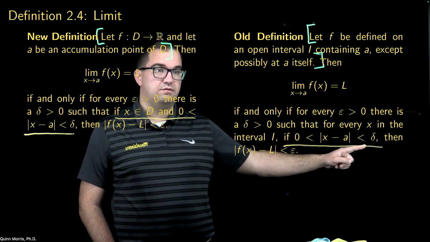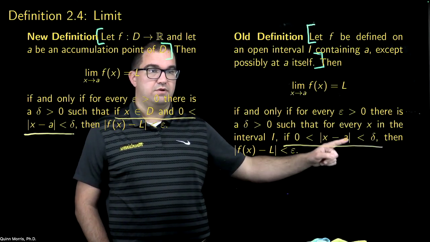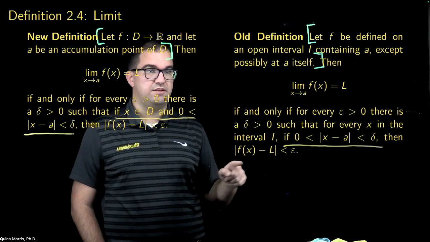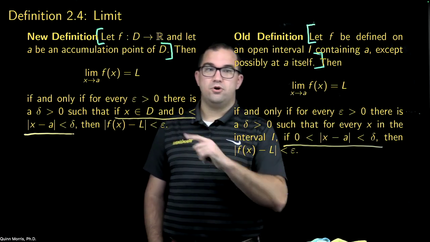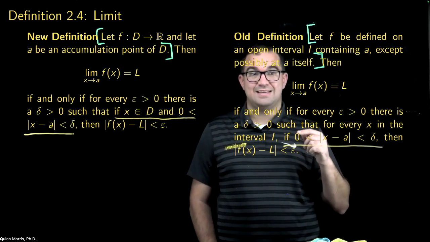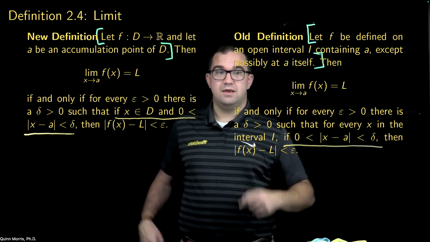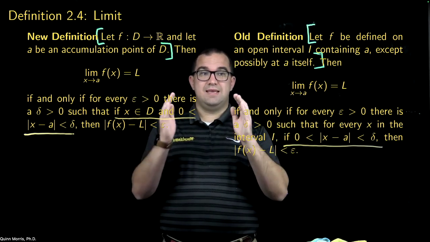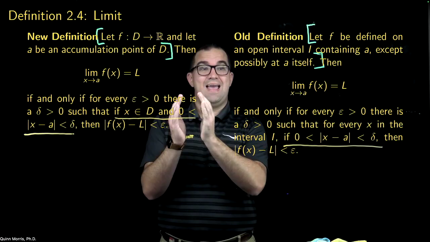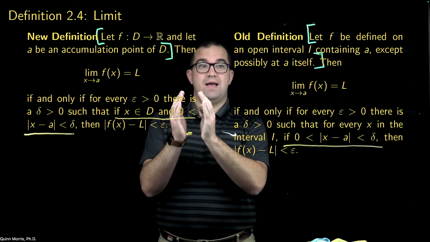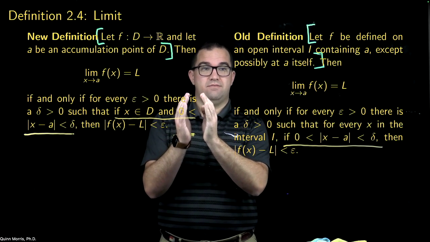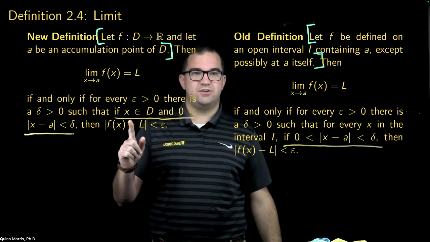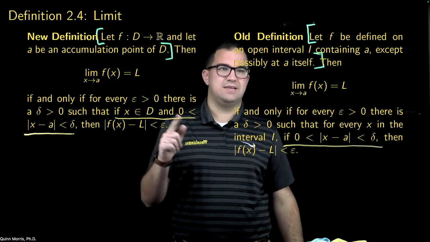So you always know you can find a delta small enough that f of x must be defined there. Over here, because we're only requiring that a is an accumulation point of the domain, it is possible that you could get arbitrarily close to a and still find points that are not in the domain of f. So here, you're basically saying you only need to check the points that are actually in the domain.